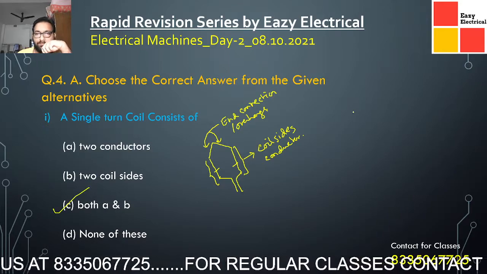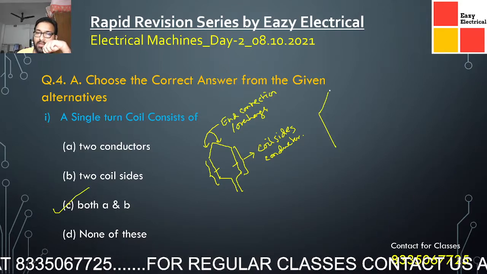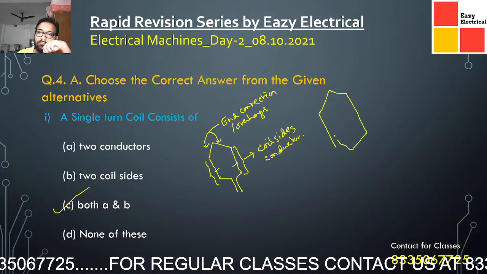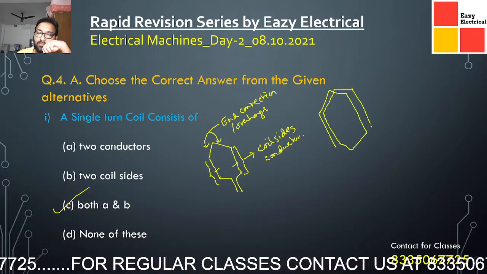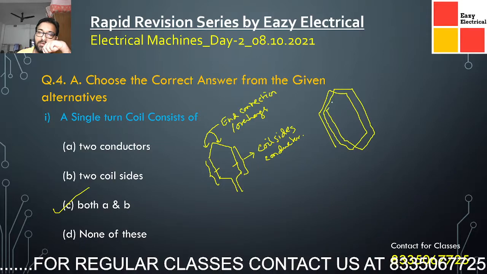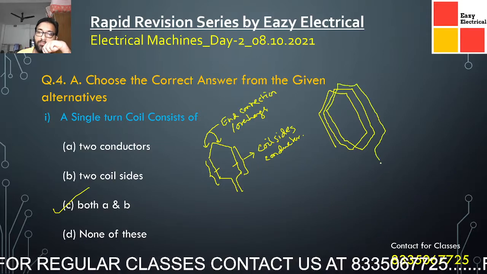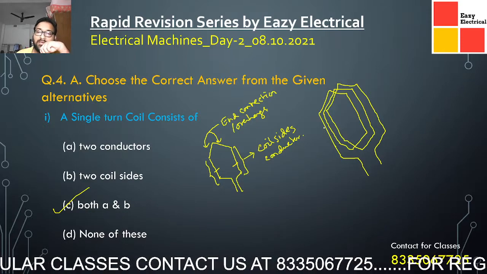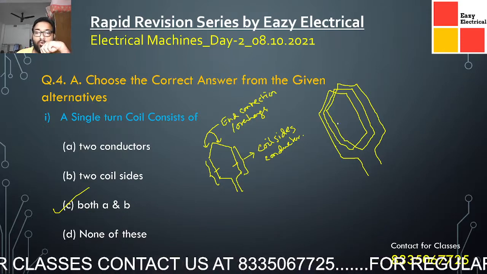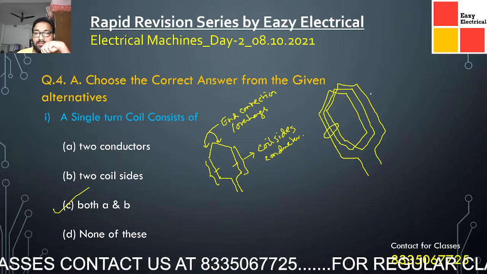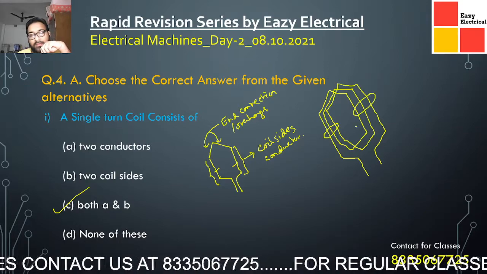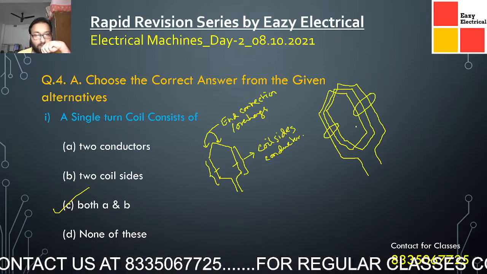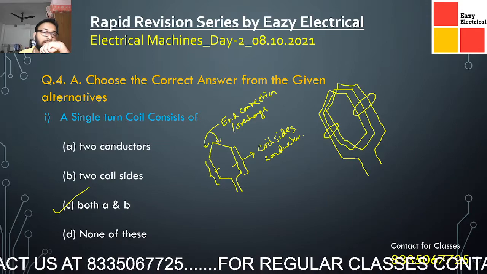But suppose I am considering a coil having say two turns, or say three turns, like this. Okay, so in this type of arrangement, what you can observe here is that there are two coil sides. This is one coil side, this is another coil side. For a coil there are always two coil sides for a single coil. Okay, but the number of conductors here is changed.